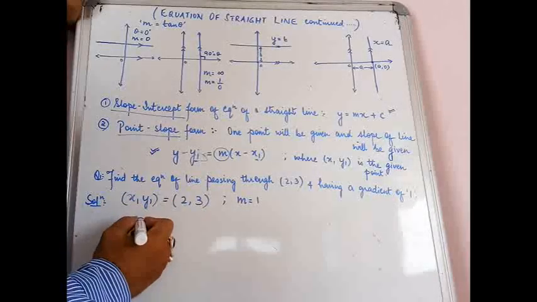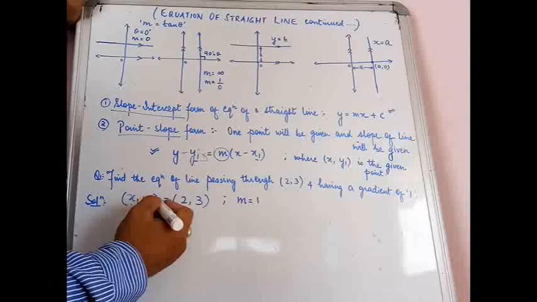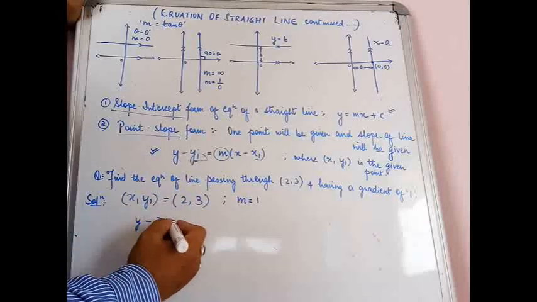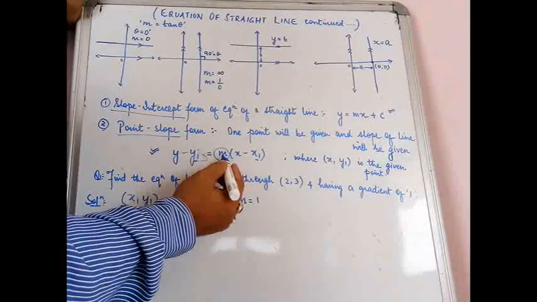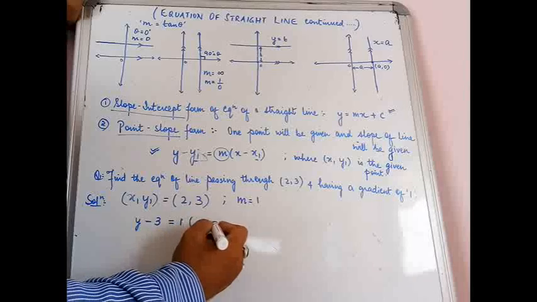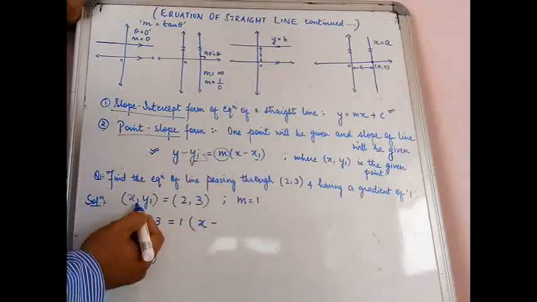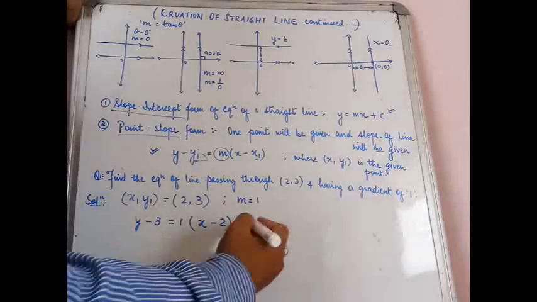So simply use y minus y1. Now what is y1? y1 is 3. So y minus 3 is equal to m, the m value is 1. You see, this is the form m. So m value I have put, and you will have x minus x1. What is x1? x1 is 2. Okay, so here you go.